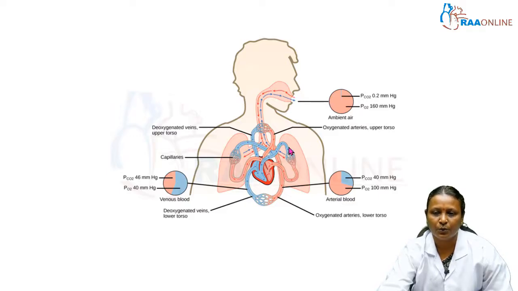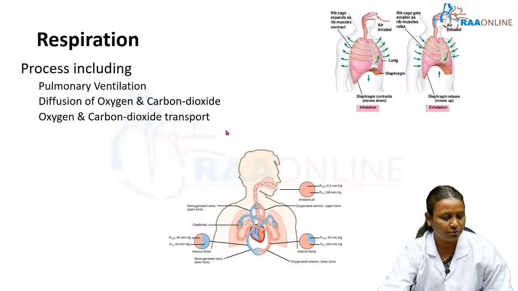Here in the lung you have the pulmonary capillaries surrounding the alveoli. So here gas exchange occurs. Once gas exchange occurs, the oxygenated blood is taken to the systemic circulation and this oxygen reaches the tissue. So the lung with the circulation will be important in diffusion of oxygen and carbon dioxide and transport of this oxygen and carbon dioxide to the tissues.